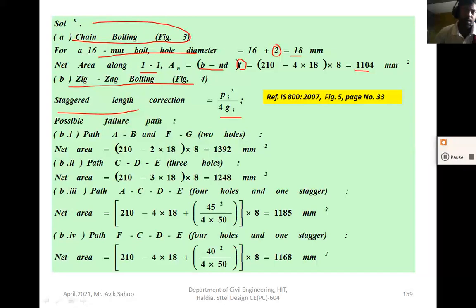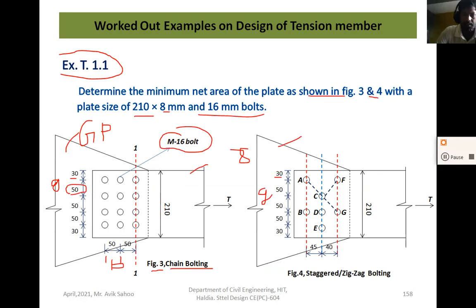The possible failure paths for the zigzag bolting pattern are path AB and FG. You see that it may fail along this line, or along this line.